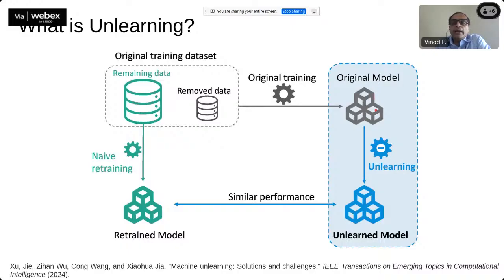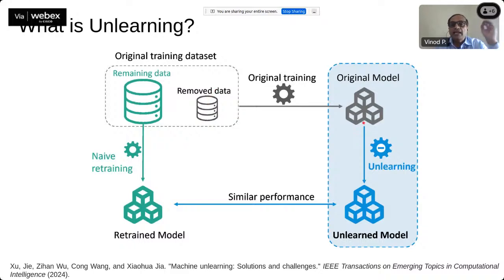So what unlearning means is, from the original model we have to create a new model, which is called an unlearned model, which will not have the information corresponding to this private or sensitive data, which is called the removed data.